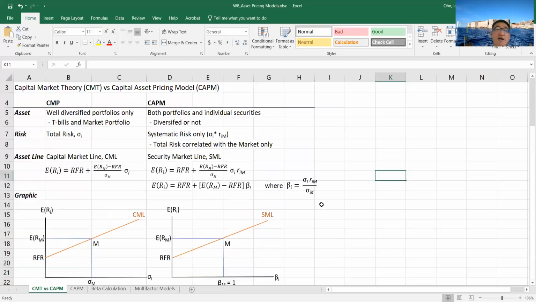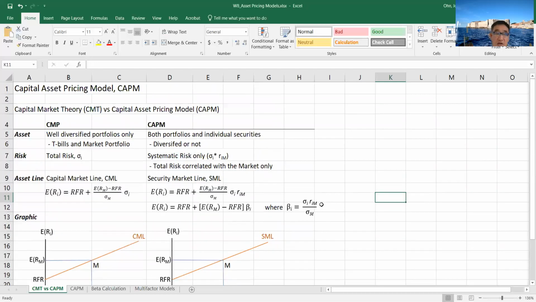So this is the comparison between capital market theory and the capital asset pricing model. Again, the relevant asset for capital market theory is a well-diversified portfolio, but CAPM deals with either portfolios or individual securities, diversified or not.